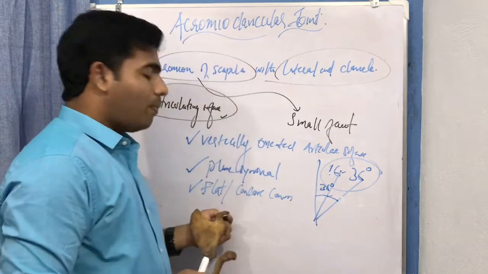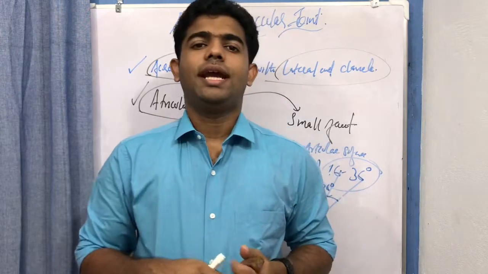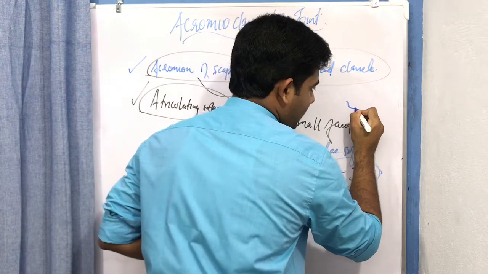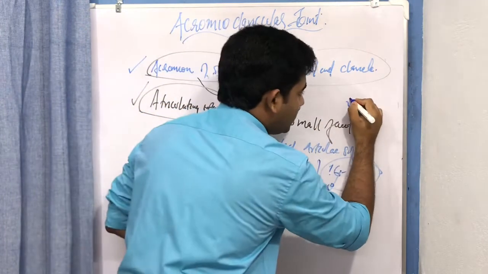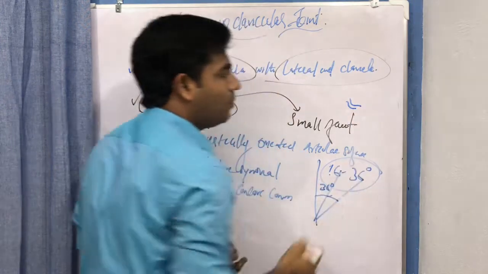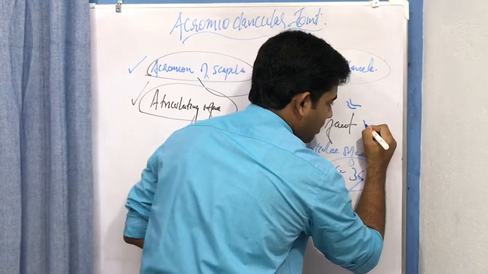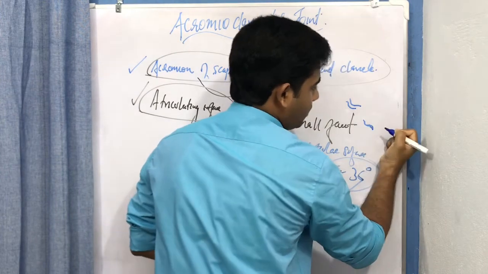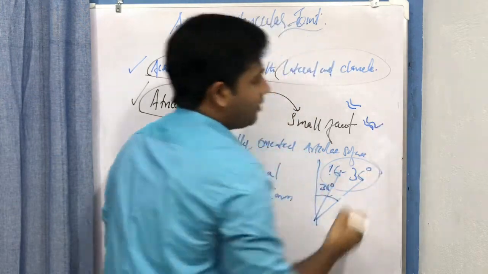So we call it a plain synovial joint, plain or flat. In some individuals, it may be reciprocally concave-convex. There might be a concave surface in the acromion and some convex shape in the clavicle, or in the acromion itself there may be a concave facet and a convex facet. In the acromion and clavicle there would be a convex and a concave respectively.